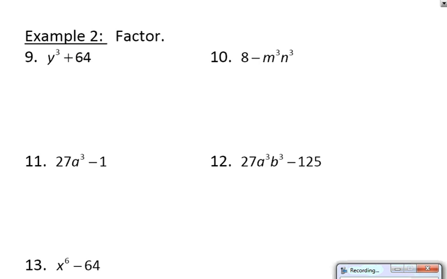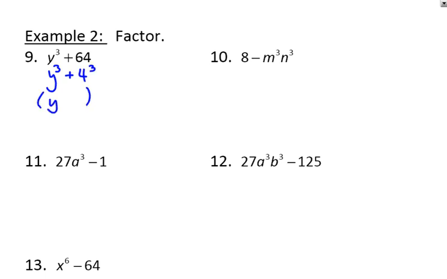All right, so let's then work some. This will be y to the third, and 64 is 4 to the third. So when I write my first parentheses, it's going to be y plus 4. Then y times y is y squared, opposite sign, minus. Multiply 4 times y, 4y, always plus, and then 4 times 4 is 16.